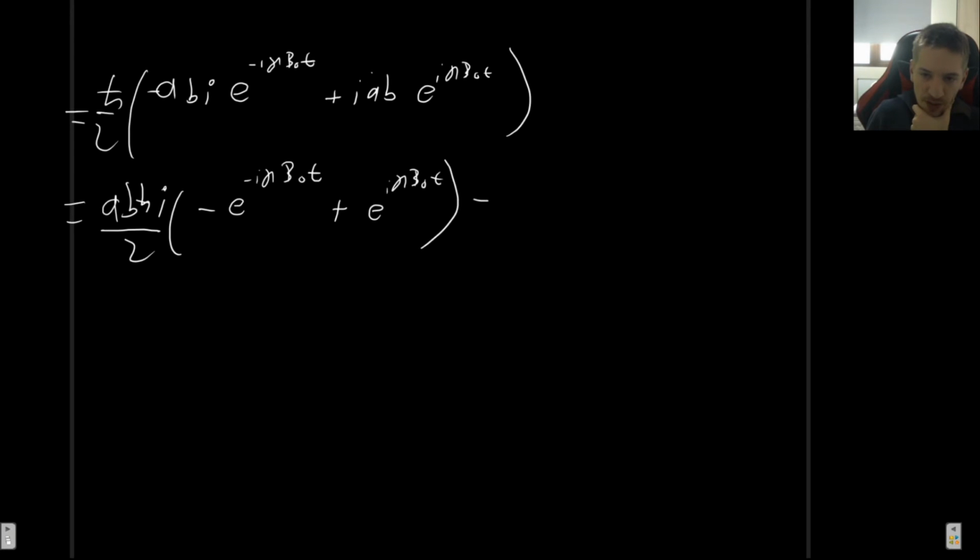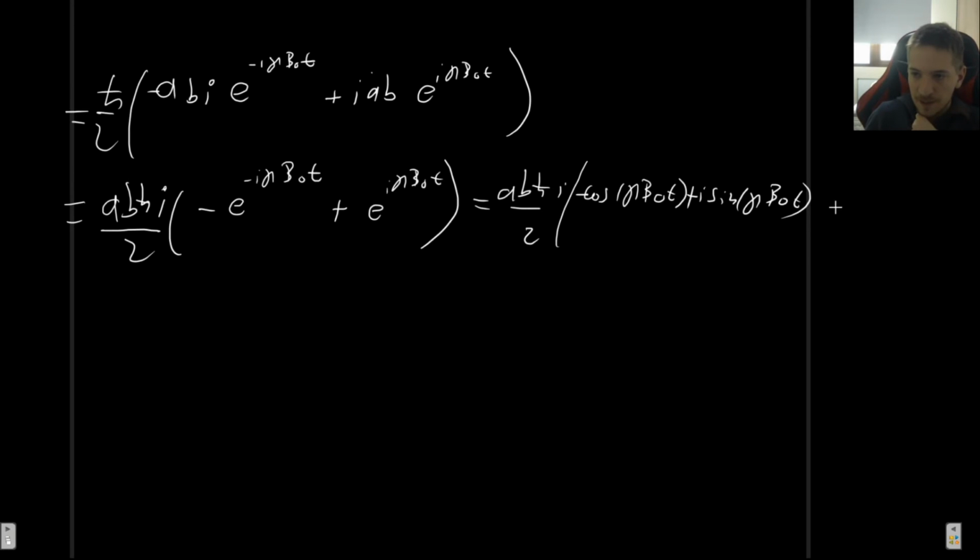So just as we did before, let's now convert this to cosines and sines. ab ħ i divided by 2 times cosine of γB₀t minus i sine of γB₀t, but this is multiplied by a minus sign, so the first one will be minus, the second one will be plus, and then we have plus cosine of γB₀t plus i sine of γB₀t.